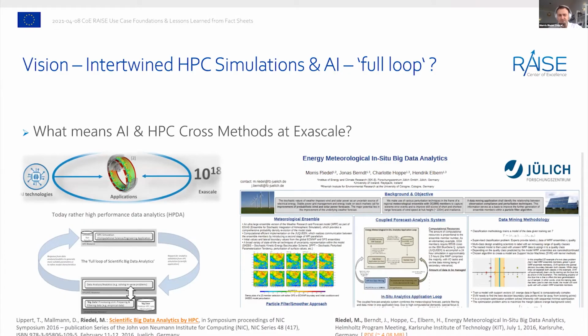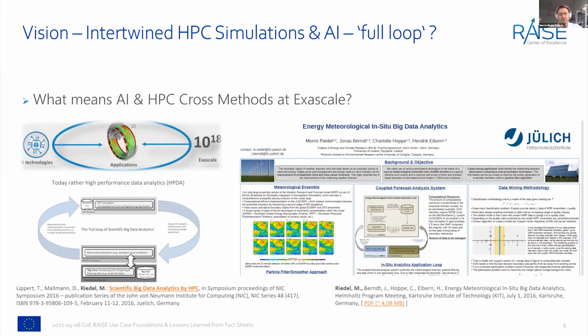Now, when I come back to the vision, I talked about intertwined HPC simulations and AI. Is that possible? You see here some examples and publications where we have done this already. Not on the Exascale. It was, of course, at that time on JUQUEEN in Jülich, for instance, where we used a weather prediction model, meteorological ensembles from 1,000 models, for instance.